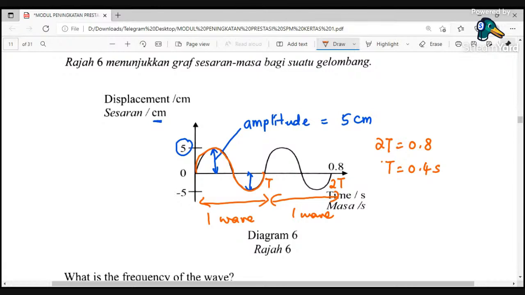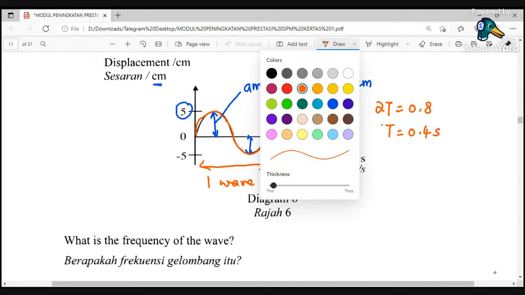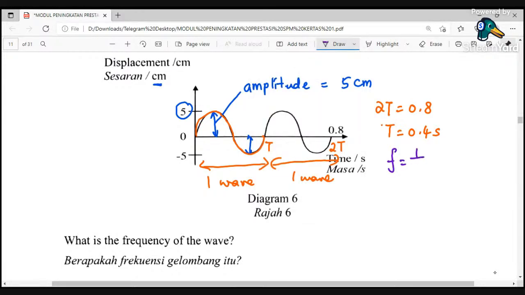Okay, soalan ialah what is frequency of wave? Apa frequency? So formula untuk frequency, formula apa? Okay, formula frequency f equals 1 over period.